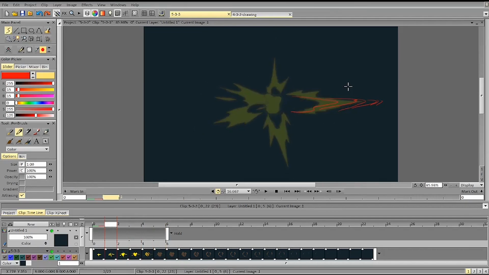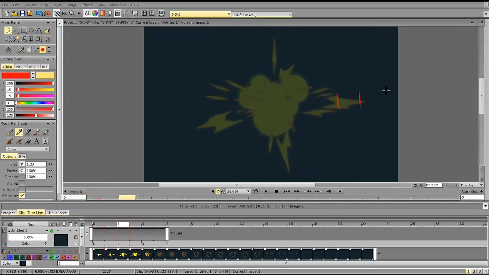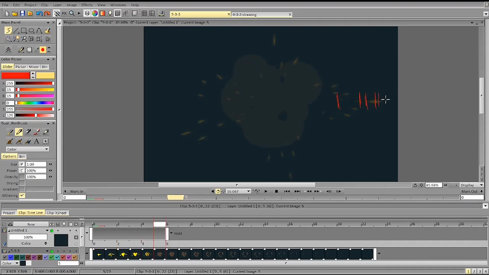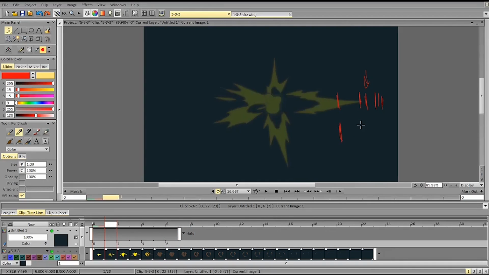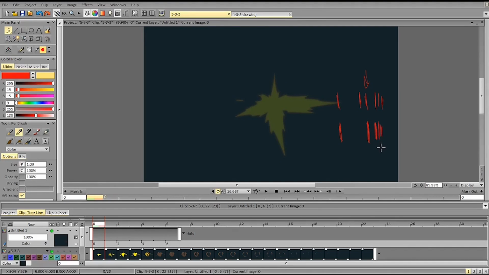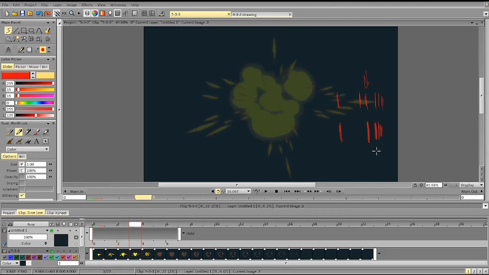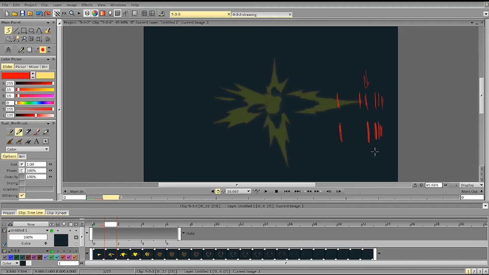And you can already notice that it's slightly inconsistent in some parts here, and you can have a more noticeable contrast to make it more punchy, to make it more interesting.